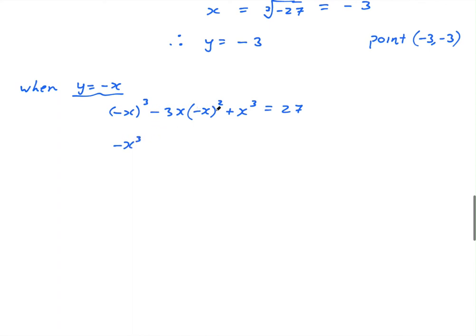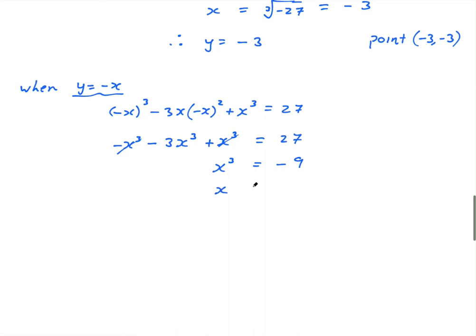Minus 3, this becomes positive, so it's still minus, so it's minus 3x cubed plus x cubed equals 27. Those cancel. I can divide by negative 3 here, so I have x cubed equals negative 9.